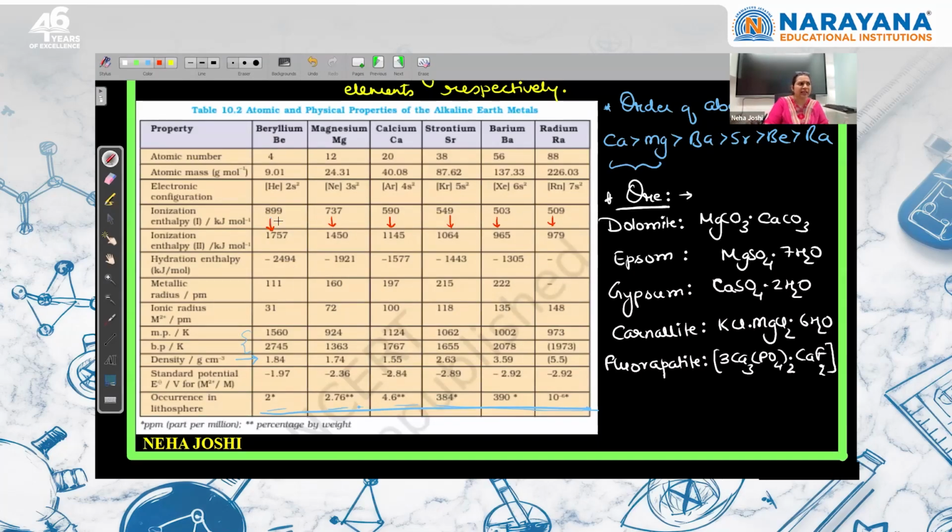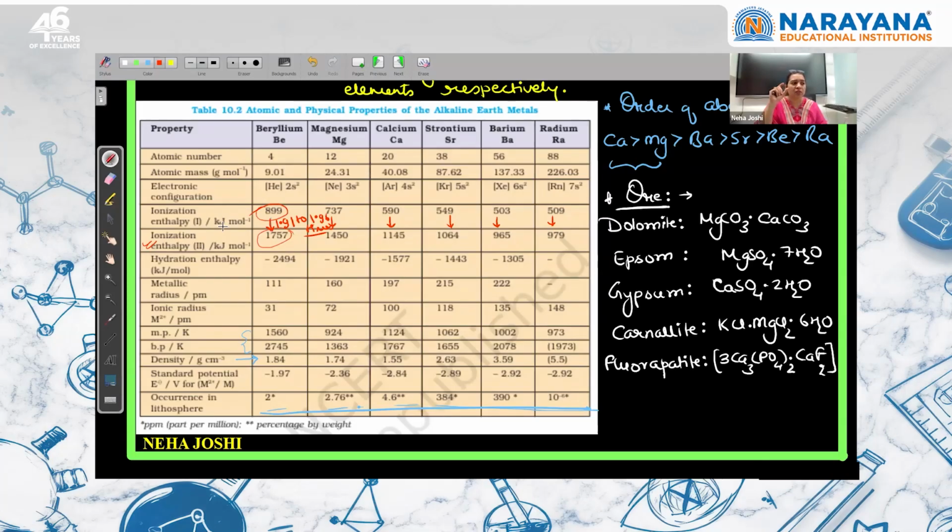I don't remember exactly which one where, but I can say from 1.91 to 1.96 times these increase. Someone is 1.91, someone is 1.95, someone is 1.93, like that. So roughly you can say that the second ionization enthalpy is roughly 2 times of first ionization enthalpy. Whereas in first group, it was 4 to 5 times.